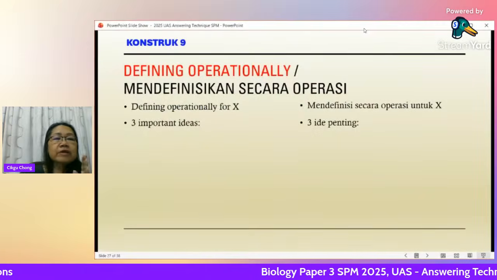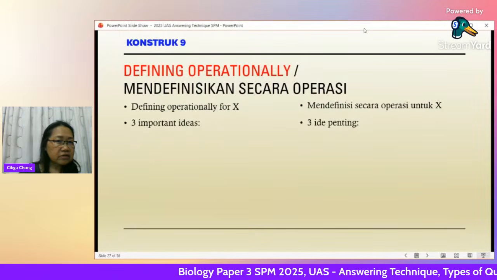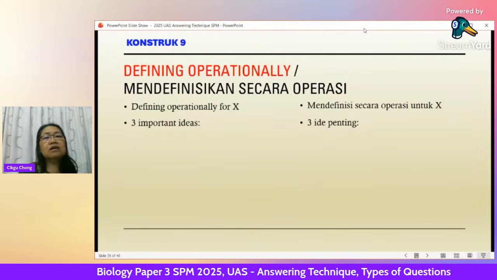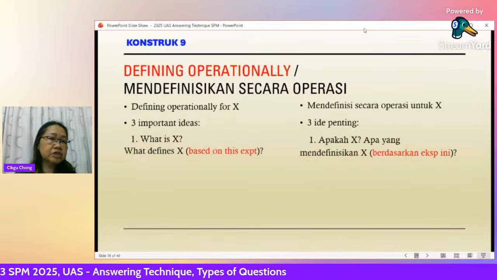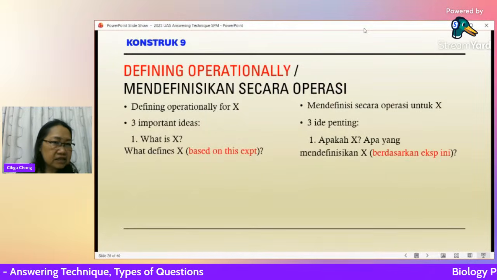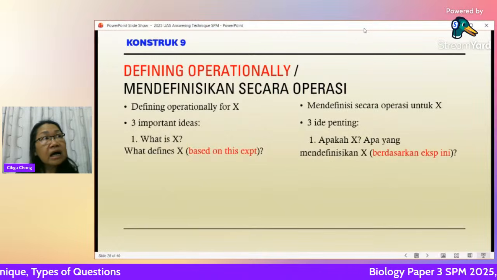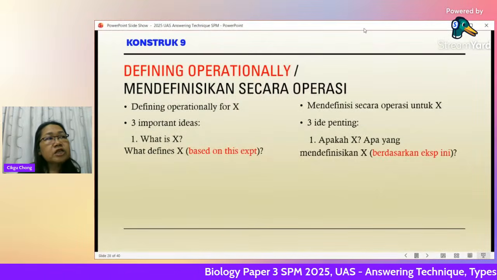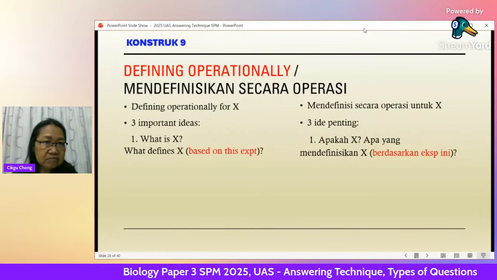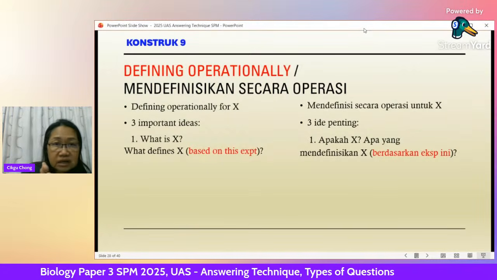Okay, operationally, next week I'm going to go through some examples of defining operationally, but there are 3 important ideas when you want to answer this question. What is X? They always ask you, what is rate? Define rate of diffusion operationally. What is rate of reaction?